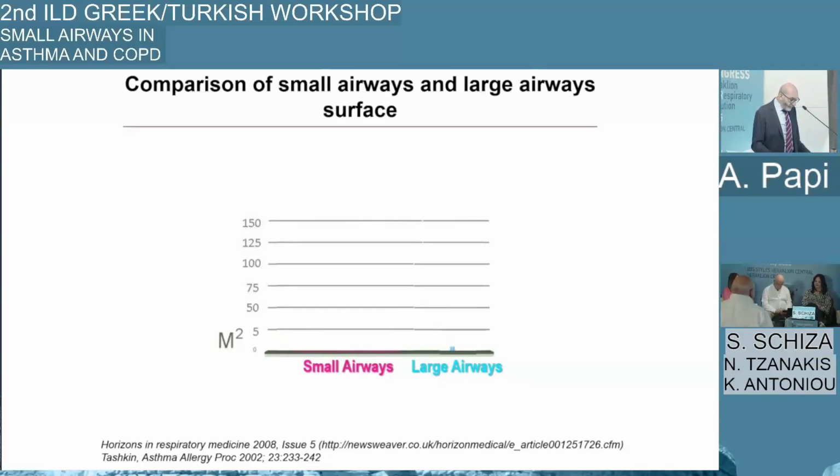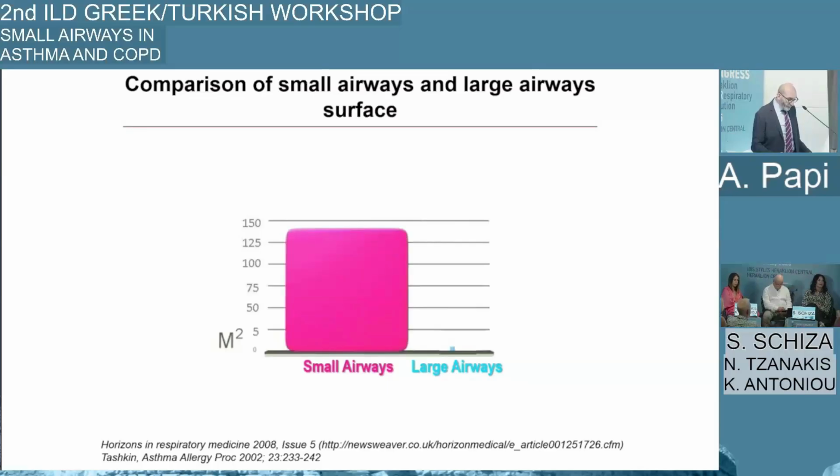If we compare it to what is termed the large airways, this small blue dot, the internal surface of small airways is much, much larger, hundreds of times larger than the internal surface of large airways. So that's why the treatment, in particular if we consider inflammation, should be much more directed to small airways, because the size is much, much larger.